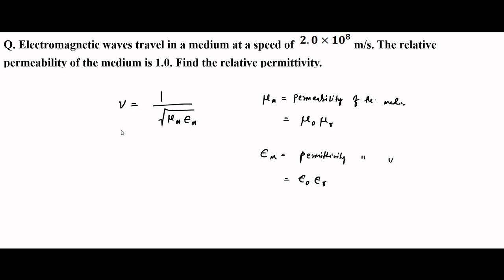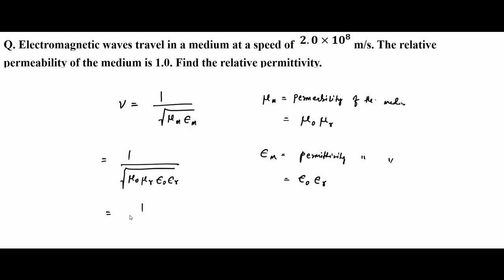that is equal to epsilon 0 epsilon r, where epsilon 0 is absolute permittivity and epsilon r is relative permittivity. So if we express this, it will be 1 by root over of mu 0 mu r into epsilon 0 epsilon r.